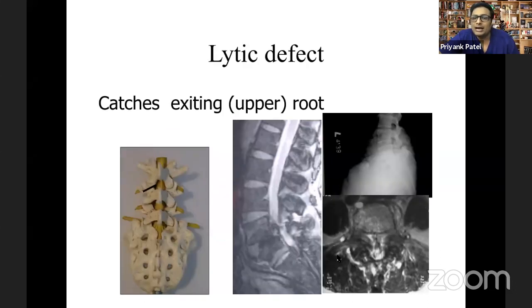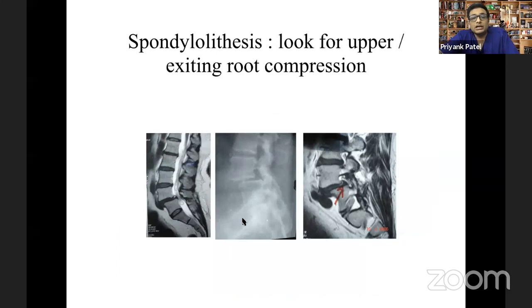It is only the lateral recess that gets compromised. So these patients can have terrible neuropathy, terrible radiculopathy, single root weakness, but they will never come with cauda equina syndrome. Whereas a degenerative listhesis is something where the entire spine is shifting in front.